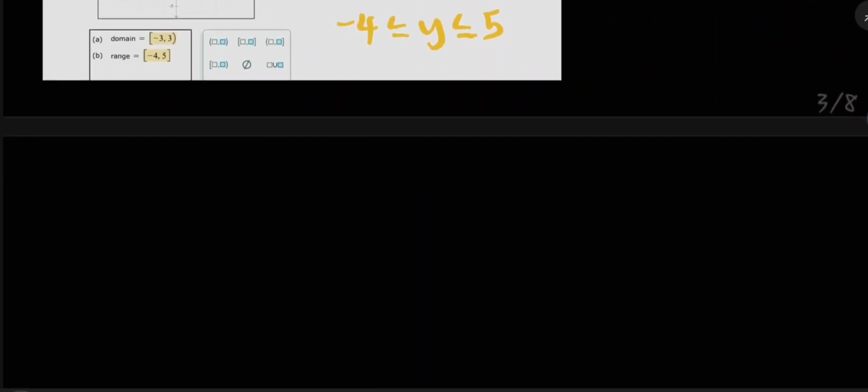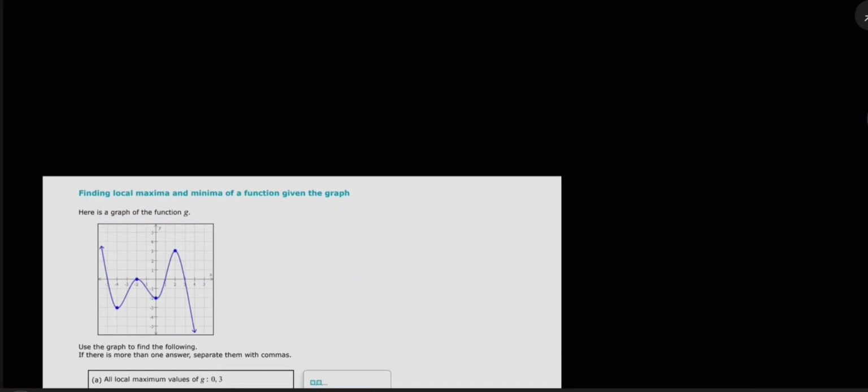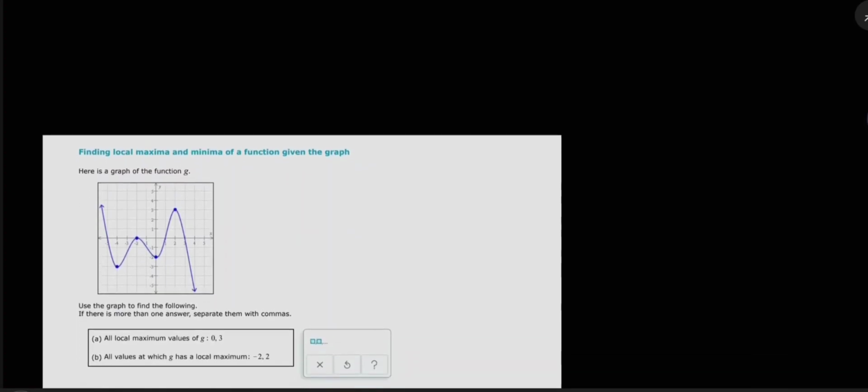So let's look at this second graph. You'd notice that this second graph has arrows pointing at both ends. This means that the graph still continues. We just have a picture of a section of it. So because the graph still continues, we don't know the maximum or the absolute maximum or the minimum for sure.